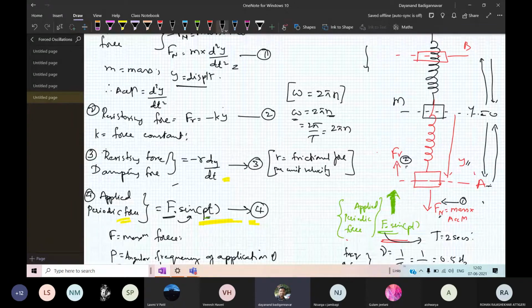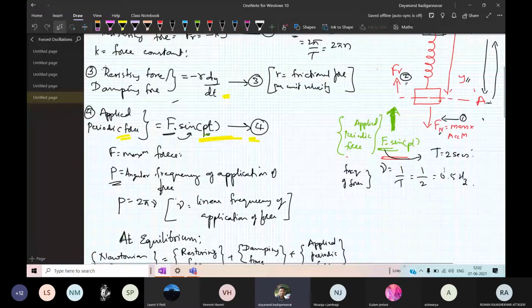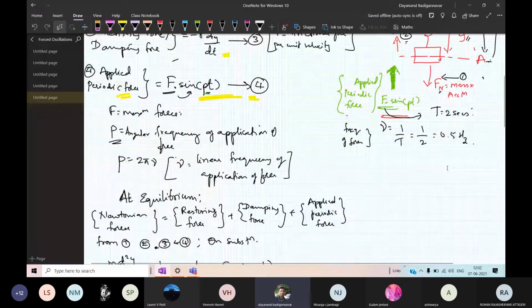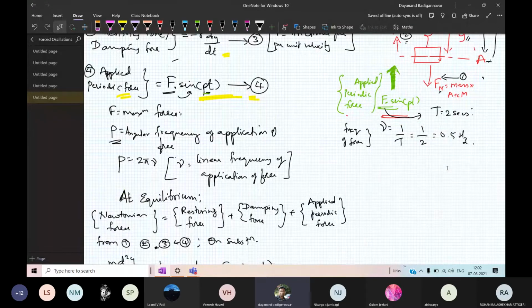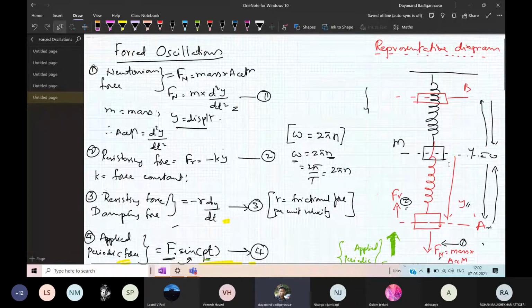Once the oscillations die off, you have to keep them oscillating. We can keep the oscillations in the oscillating state by using the applied periodic force. If the spring mass system is dying after some time, I can use the applied force.